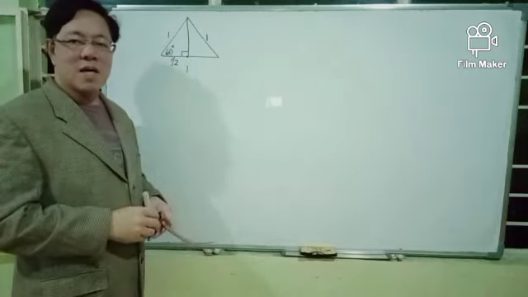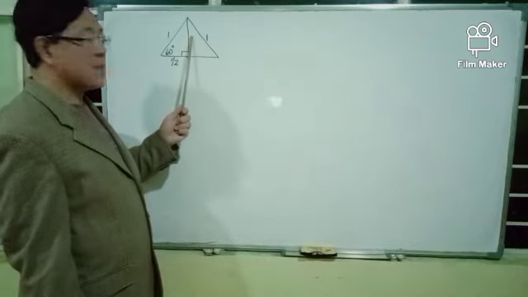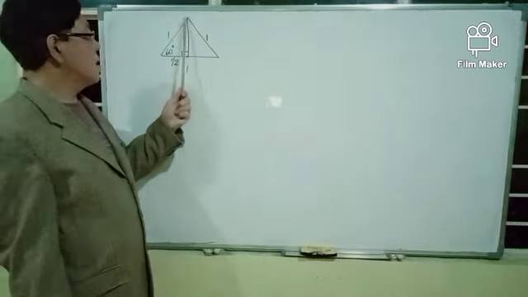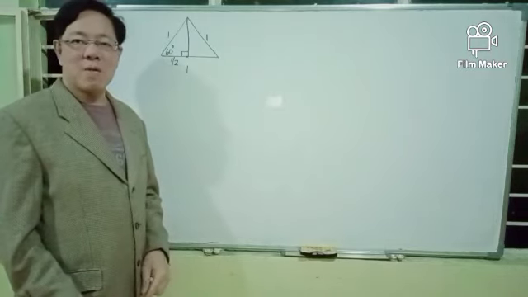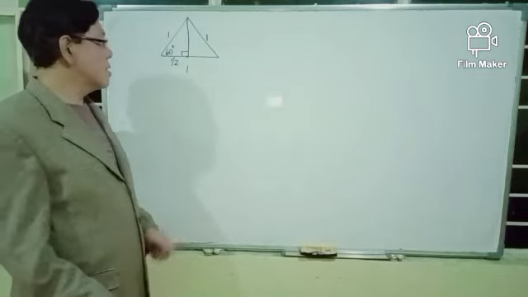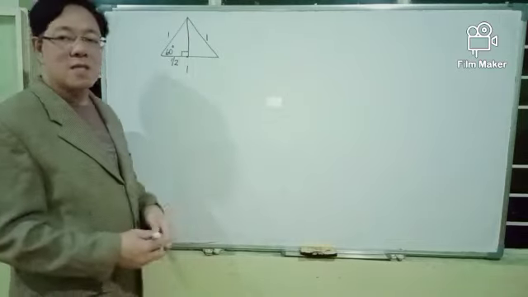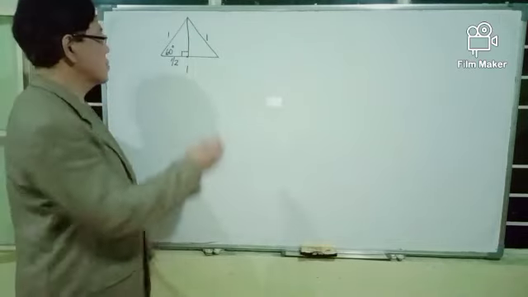And from last time, we derived the length of this side of this right triangle by Pythagorean theorem, and we showed that the length of this side is square root of 3 divided by 2.